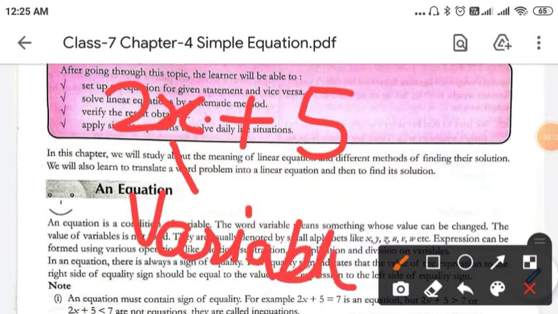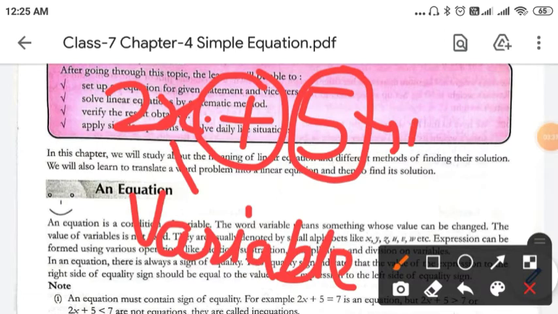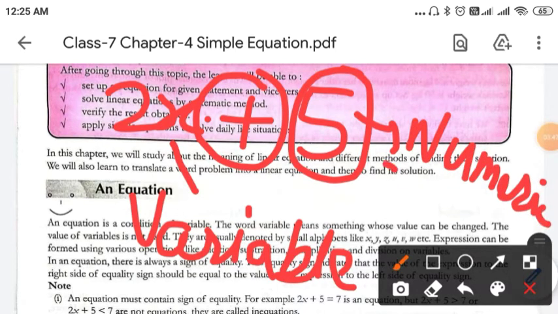This variable is combined with a mathematical operation. Here plus is the mathematical operation; plus, minus, addition, subtraction, multiplication, division are called mathematical operations. And the variable is combined with another number, which is called a numeric term.